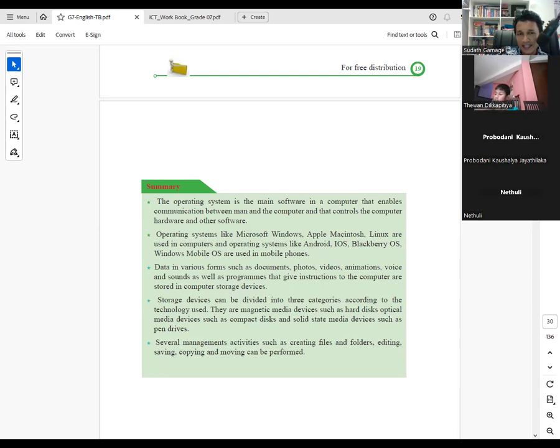Data is stored in the electronic circuit. That's why it has a huge speed. So it is easy to read and write data to solid state devices. That means pen drives, SSD hard disk, memory chips. Those are solid state. There are no moving parts.